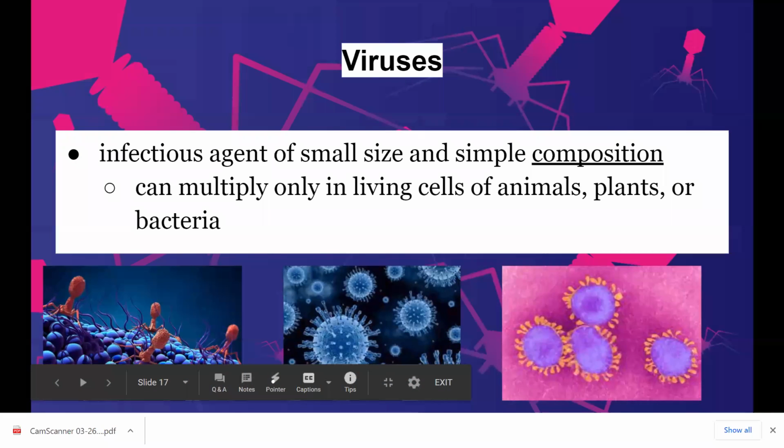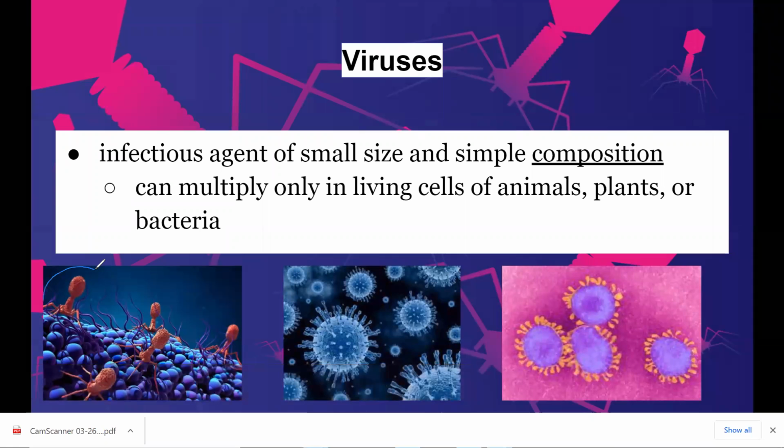So down here, we have a couple of examples of different types of viruses. The one on the left that you're seeing here and here, those are phages, bacteriophages. And they contain all their genetic material in this little portion that I'm circling right now. And they kind of latch onto a cell and inject that genetic material in.